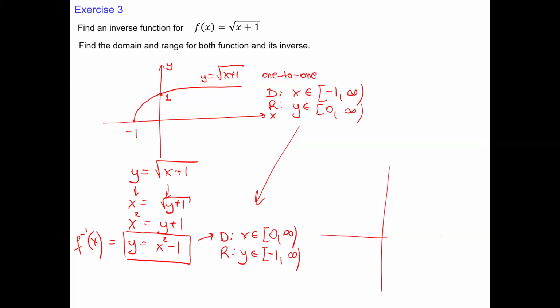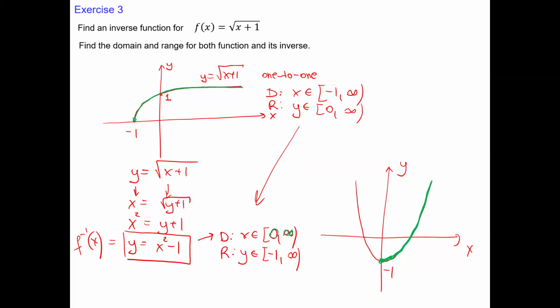That means, let's see, if we draw x squared minus 1, it's the parabola x squared shifted 1 unit down. Yeah, that's not exactly true. We have to just take the part on the positive axis, and that makes sense. That means this is the function, and this is the inverse.